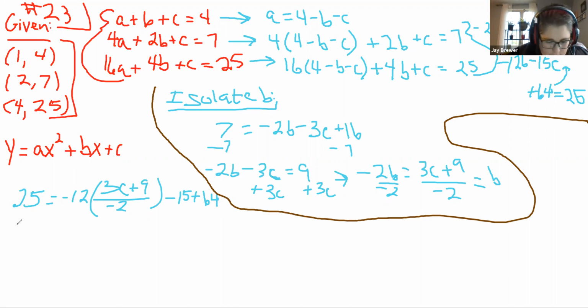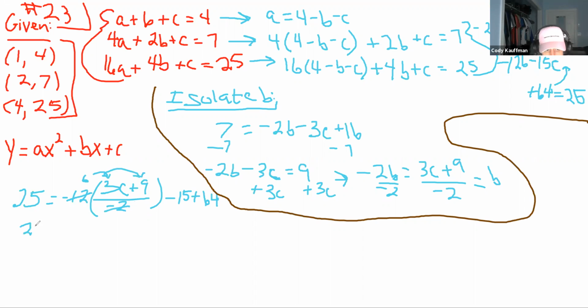What the heck? Okay, so let's clean this up. Negative 12 divided by negative 2 gives us a what? Negative 6. It's actually going to be positive because it's a negative and a negative. Oh, my bad. You're okay.